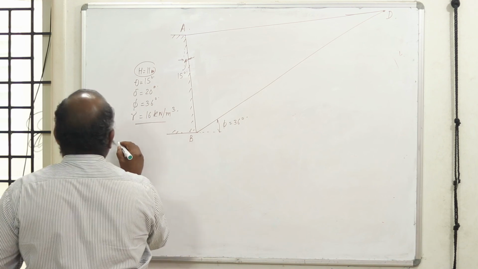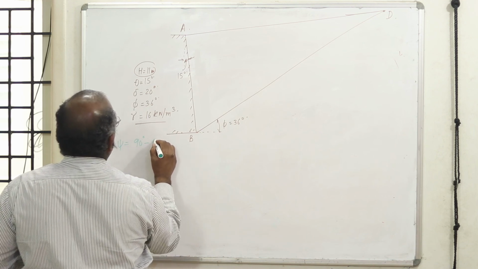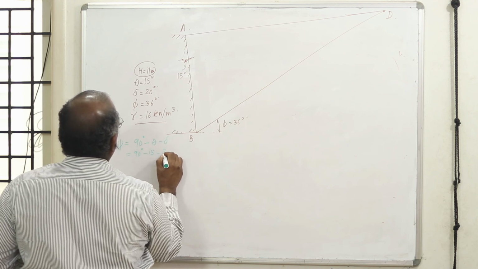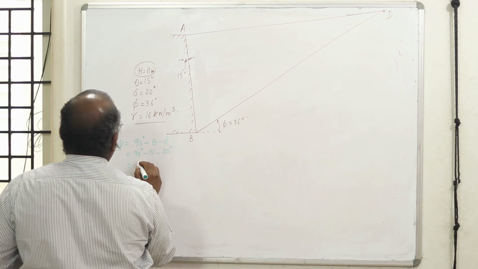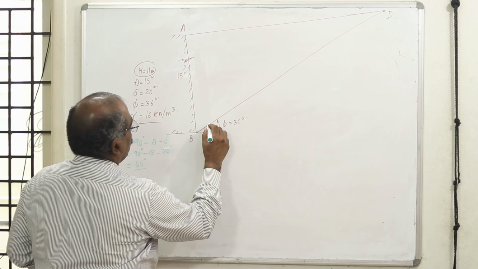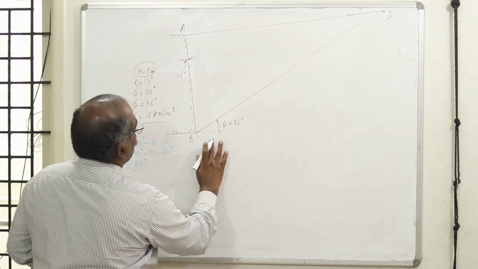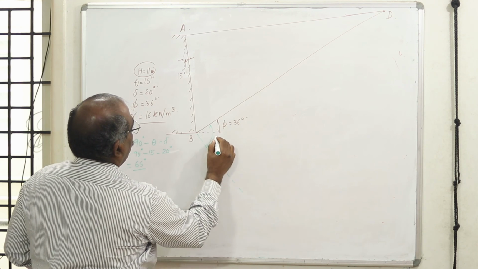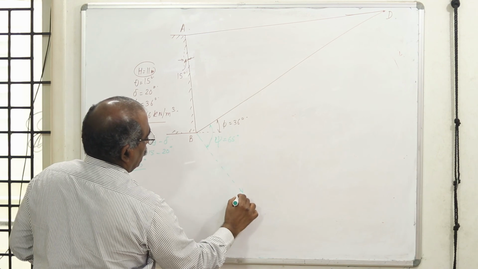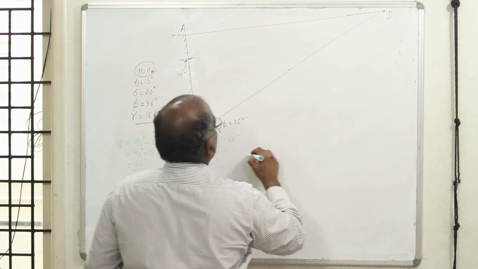Then you have to find out psi. Psi is equal to 90 degrees minus theta minus delta. 90 minus 15 minus 20, that is 35. Therefore, it is 65. At 65 degrees from here, draw a line; this is N. Then mark the middle point, draw a semicircle.